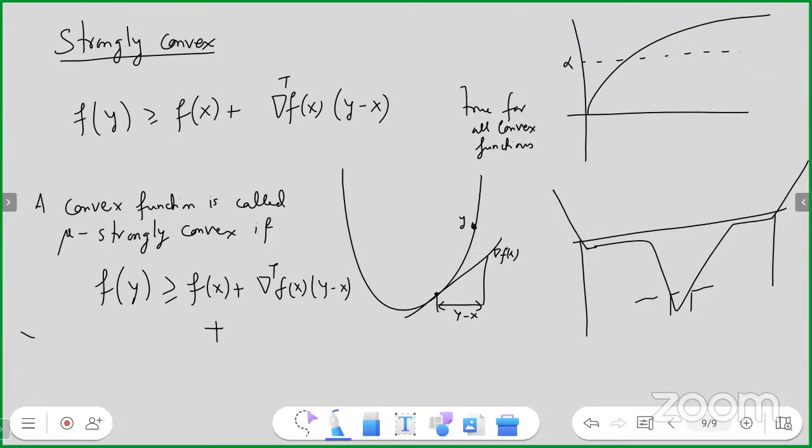So I'm pushing it even further away. Even a linear function or a constant function is convex, but this will not allow all that. This is the additive extra term needed for it to be strongly convex.